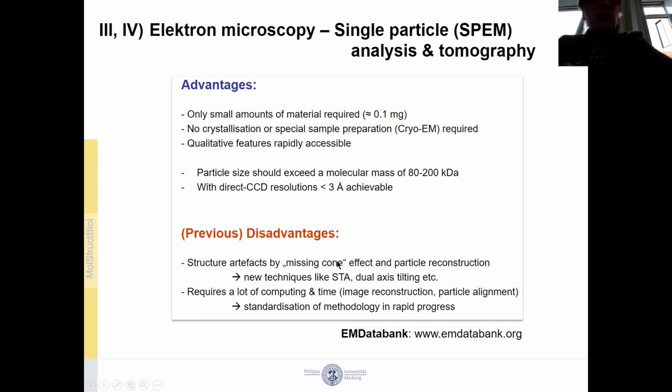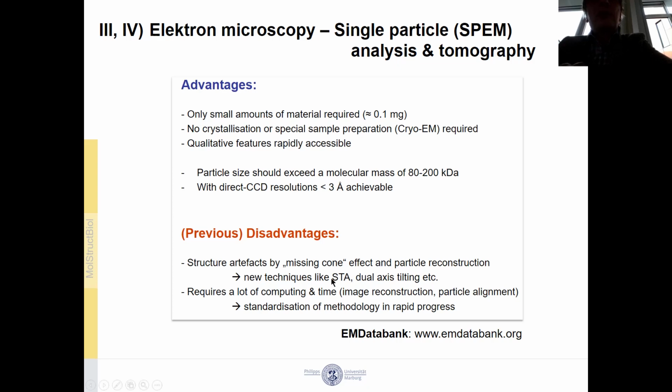So that's the reason why these former disadvantages have mostly become previous disadvantages. For example, missing cone effects are known, but there are new techniques that have been developed, like subtomogram averaging or sample holders where you can tilt around two different axes which are perpendicular to each other, or other methods.